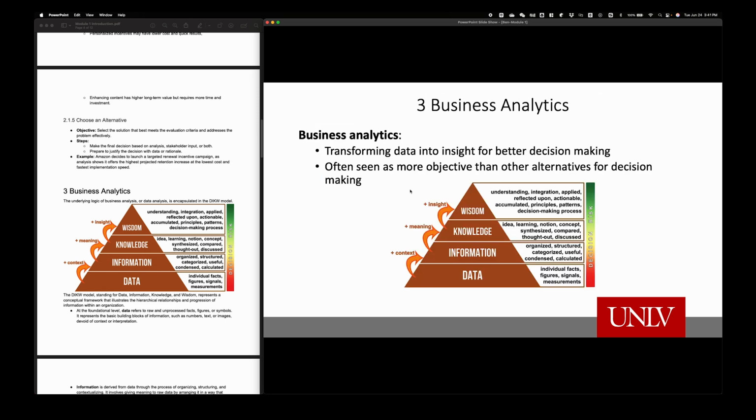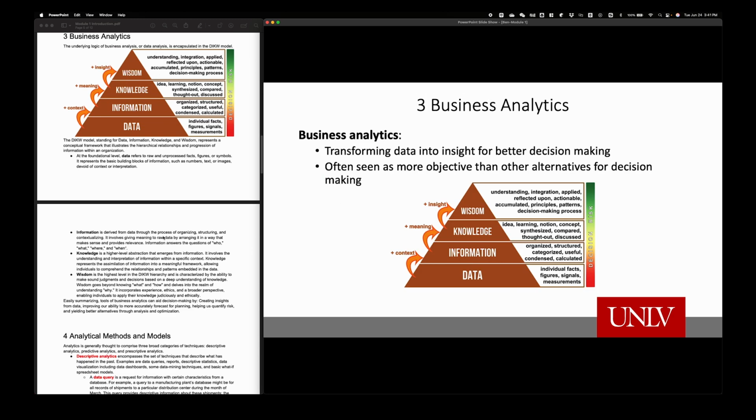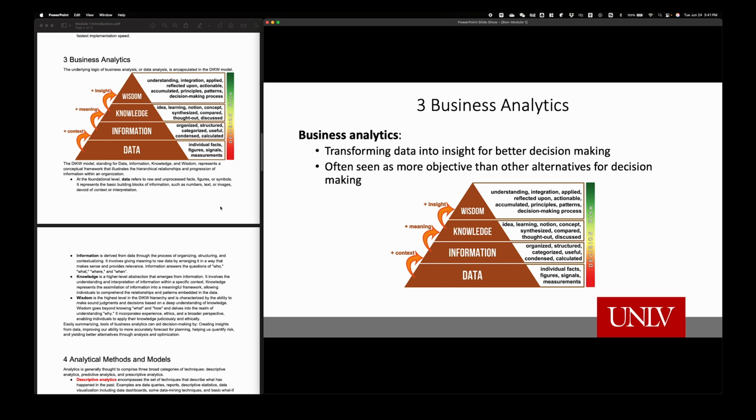The underlying logic of business analysis or data analysis is encapsulated in the DIKW model. It stands for data, information, knowledge, and wisdom, and it shows us how raw data is transformed into meaningful action. Let's begin at the bottom of the pyramid with data. Data refers to raw facts and figures.